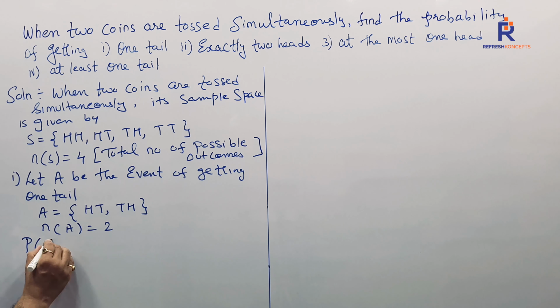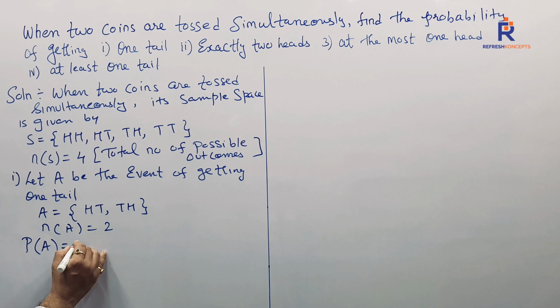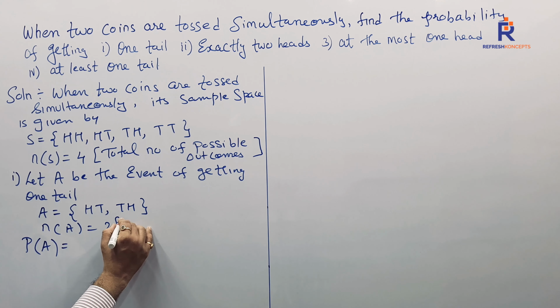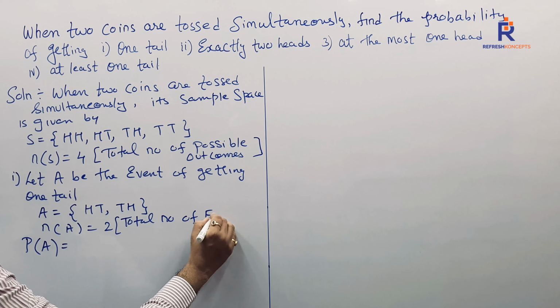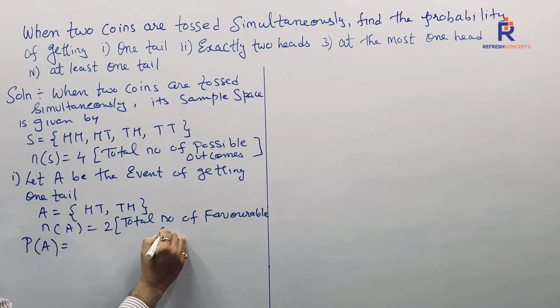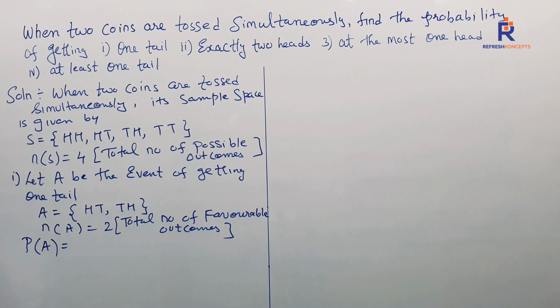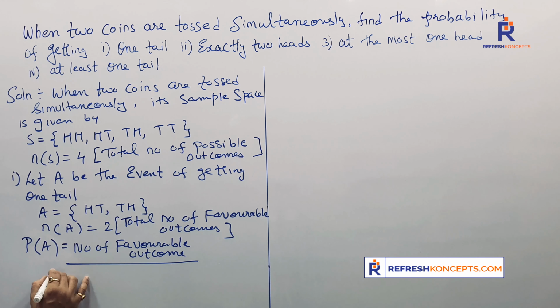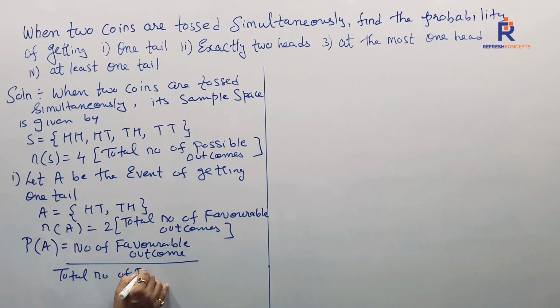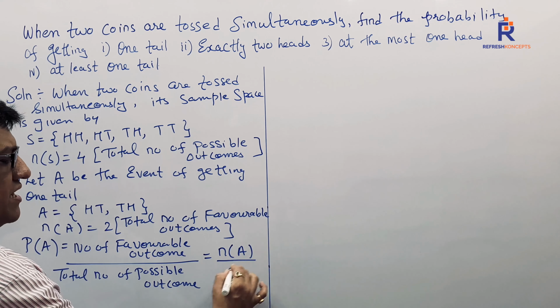The probability of event A is given by the formula: number of favorable outcomes, total number of favorable outcomes, upon total number of possible outcomes, which we can always write as n of A upon n of S.